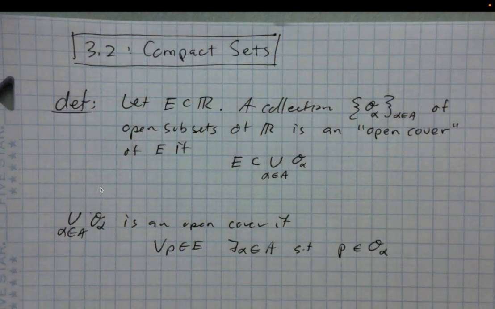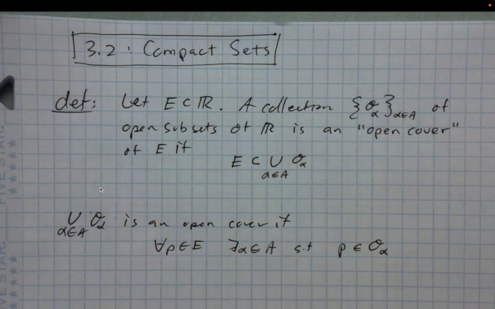It's another way of saying the same thing, right? If E is a subset of this union, well, then for every P in this set E, I have to be able to go out and find some open subset in this collection of which P is a member. Another way to characterize it, which will come up in proofs that utilize it.